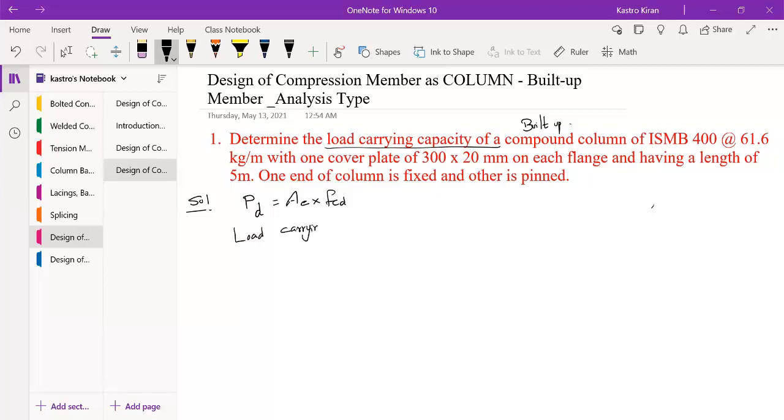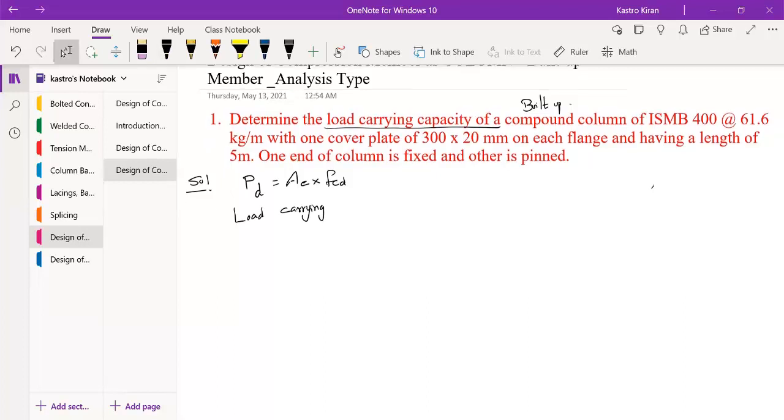So PD is actually not the load carrying capacity. It is the design compressive force or design compressive load, whereas load carrying capacity, also called safe load, can be calculated as PD by 1.5.